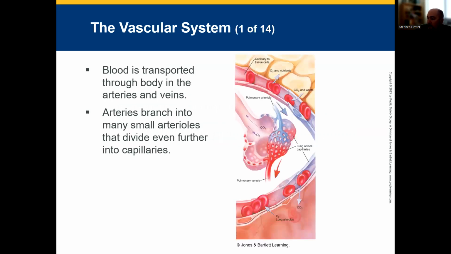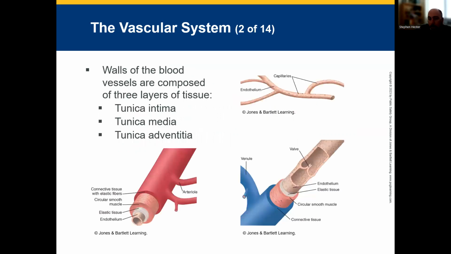The blood is transported through the body via the arteries and veins, and down there in the capillaries is where your exchange of CO2 and O2 happens. Here I always point out that the arteries have a thicker wall, because of the pressure going out and away from the heart.